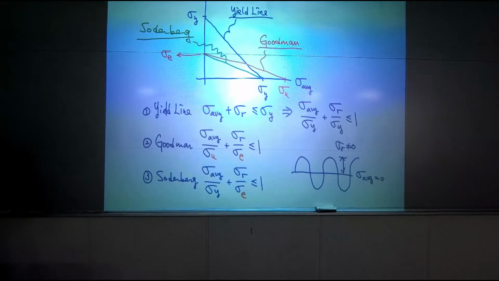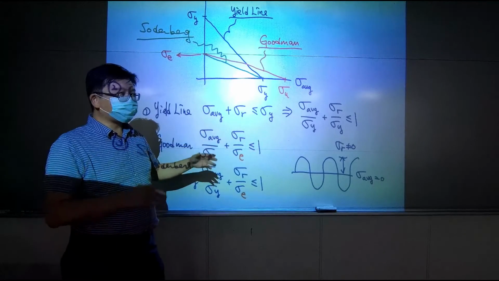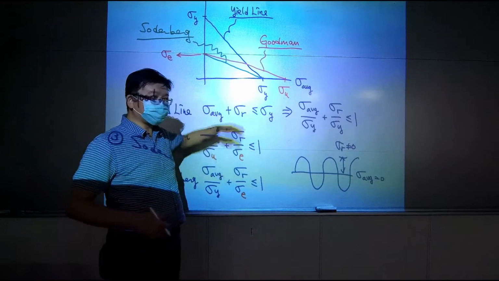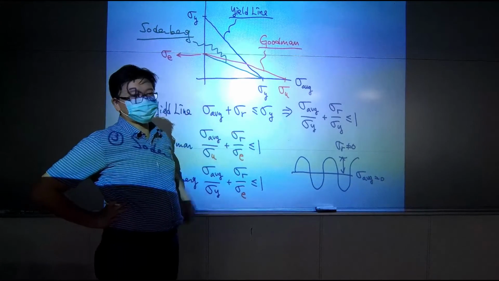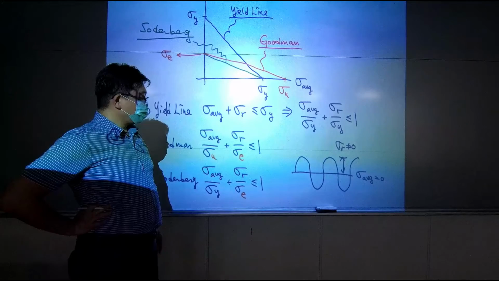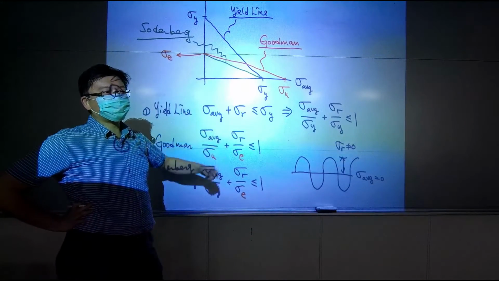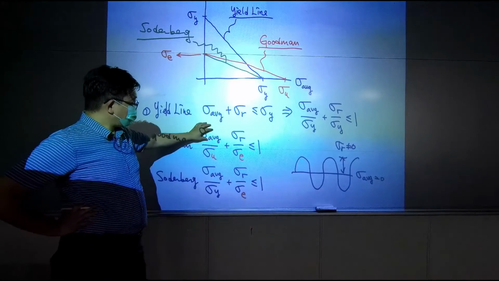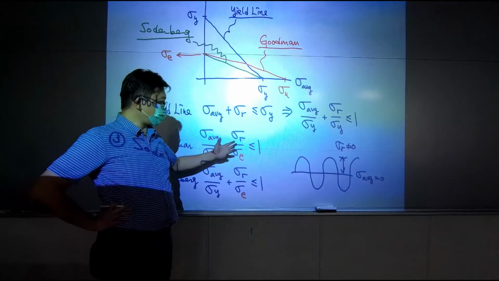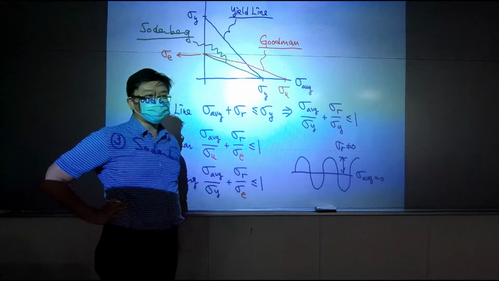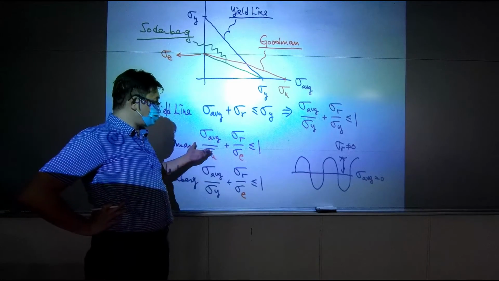It's not zero. So in this particular case, over here is zero. It's like a purely reversed ranging stress. Okay? And of course, those values are based on your problem. If you apply a very large load right here, your design cannot handle it because it doesn't satisfy the equation. So this equation will tell you how much load you can carry.